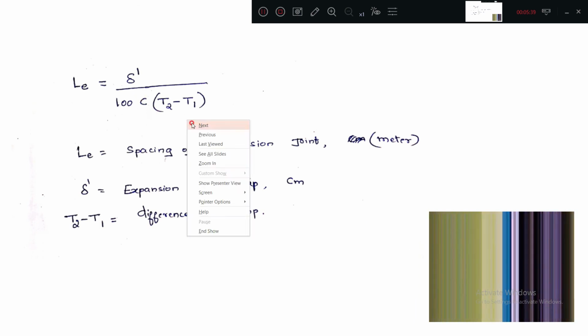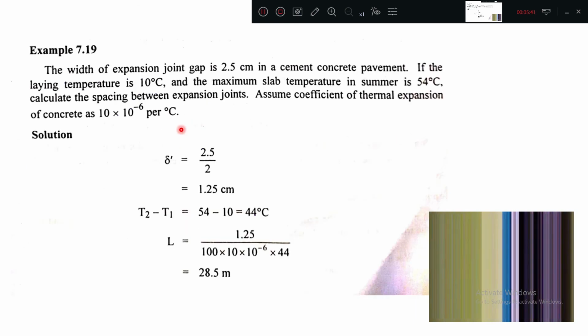Now, if you see this problem, the width of the expansion joint gap, delta, is 2.5 centimeters in a cement concrete pavement.